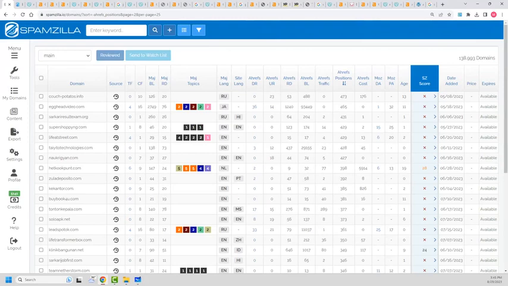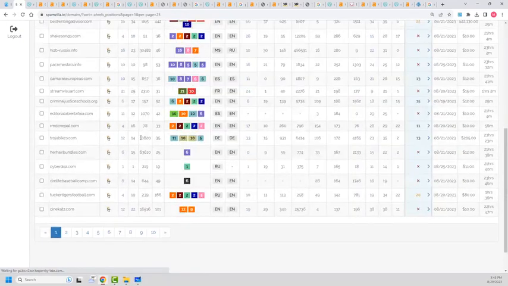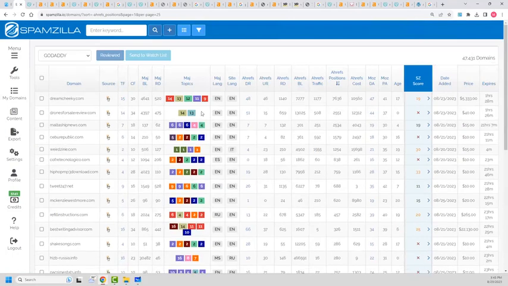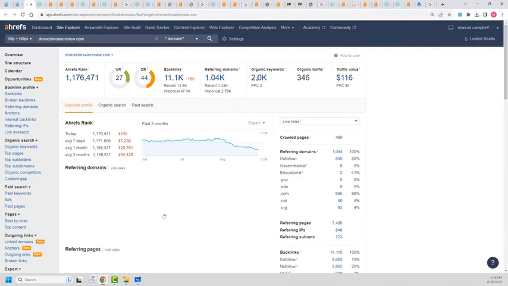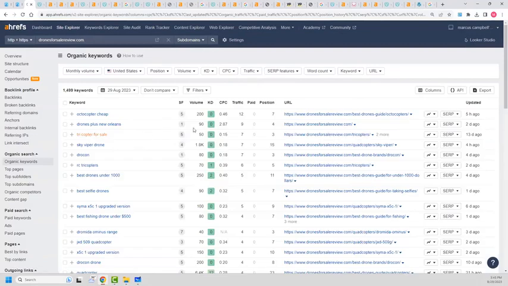Usama asks, is instant ranking with low competition keywords dependent on domain value or on the value of the content? That's going to depend on the value of the content. Now, instant rankings, like if I was to go and purchase, let's say this drone one. If I purchase the drone one today, it's going to take a couple of days to get into my account, but I will rank for these words.